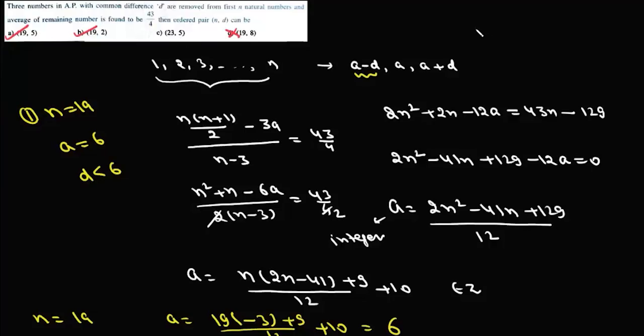If we put n as 23, we'll get 23 into 46 minus 41, which is 5, plus 9, divided by 12, plus 10, which is not an integer. So n equal to 23 is not a solution. So the correct options are A and B.